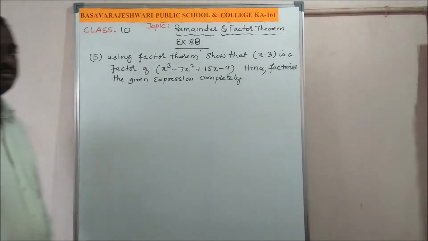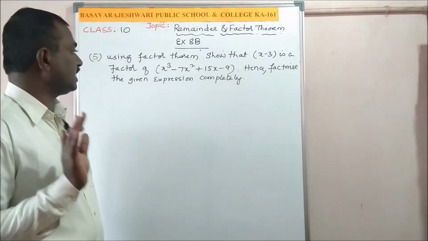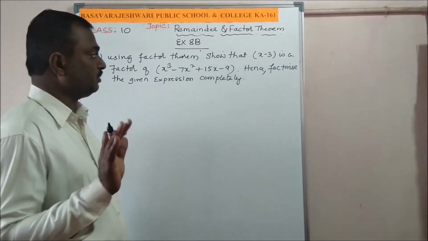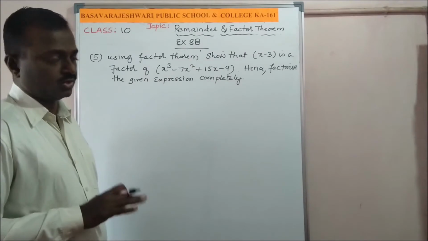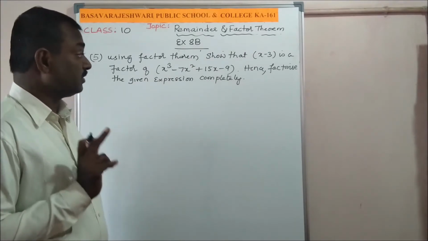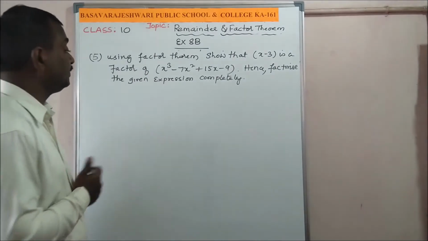So, fifth question is a little bit different. Using factor theorem, show that x minus 3 is a factor of x cube minus 7x square plus 15x minus 9. Hence, factorize the given expression completely. That is the extra question they have here.